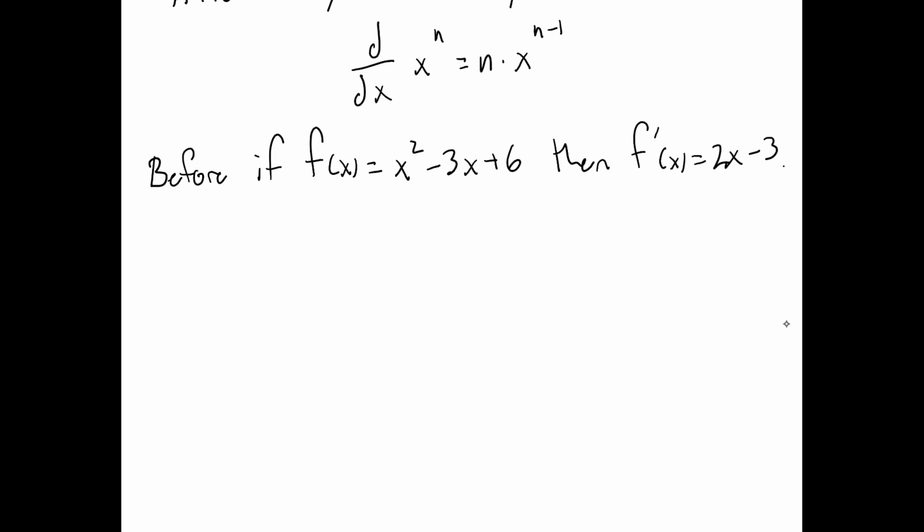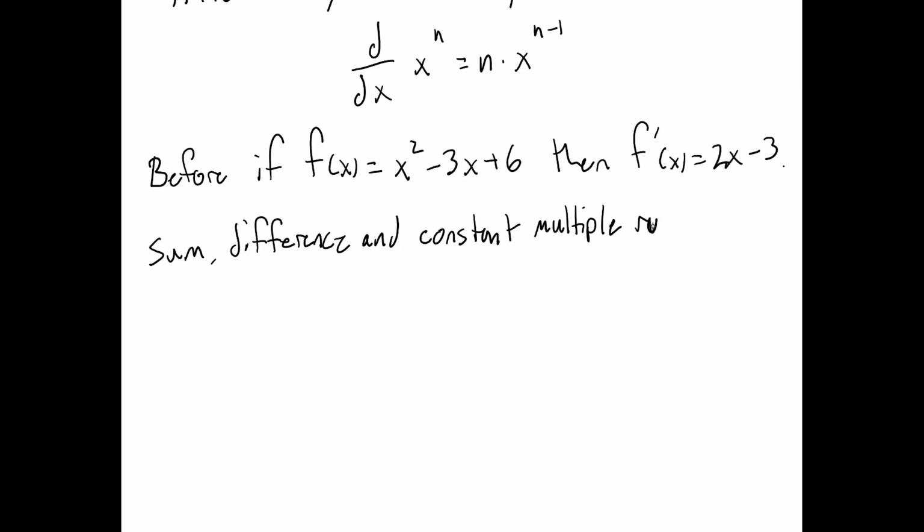So we have the sum, difference, and constant multiple rule. It's really just three separate rules. We're throwing them together because they're really similar, basic, and really helpful and useful.